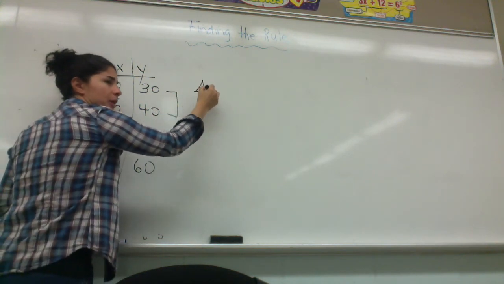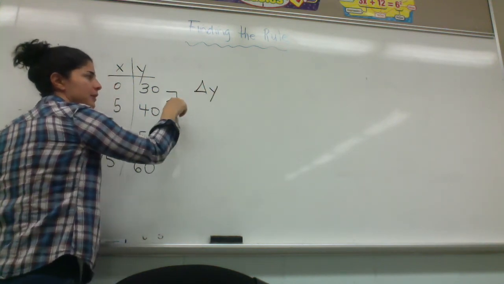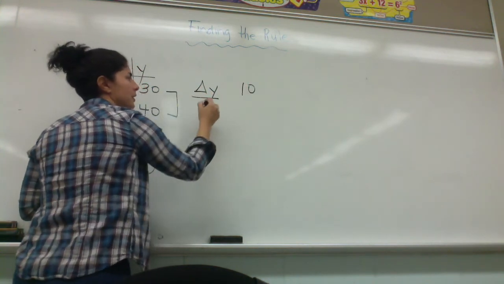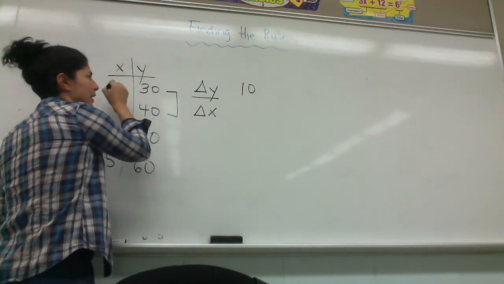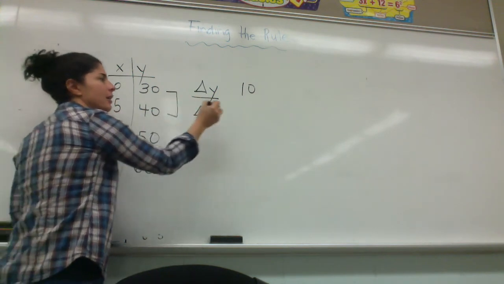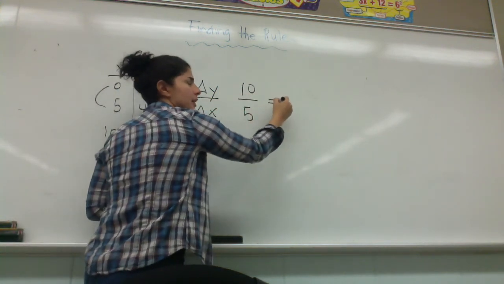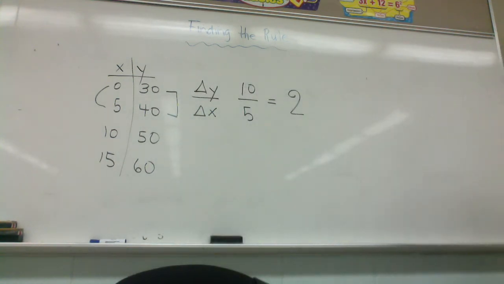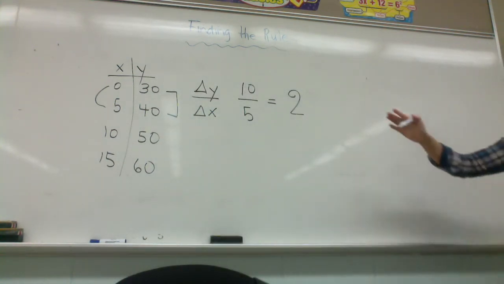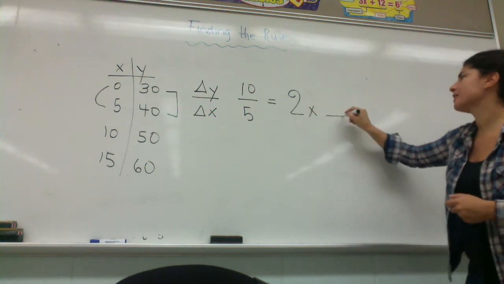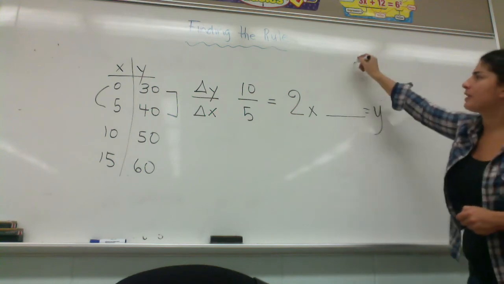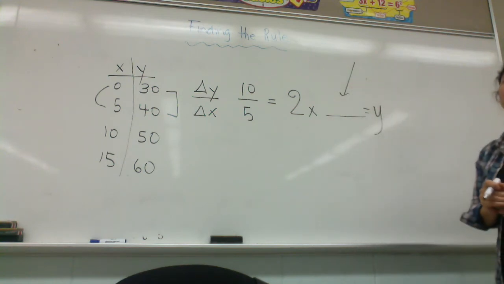So I need the difference in y, which happens to be 10, divided by the difference in x, which happens to be 5. Therefore, there's a common difference of 2. Good. So it's 2x equals y, and then we need to find the initial value.